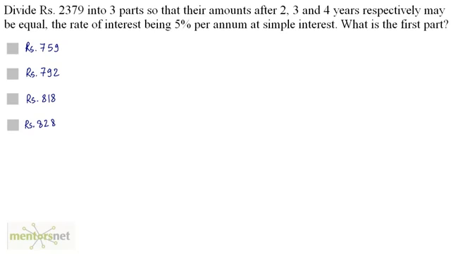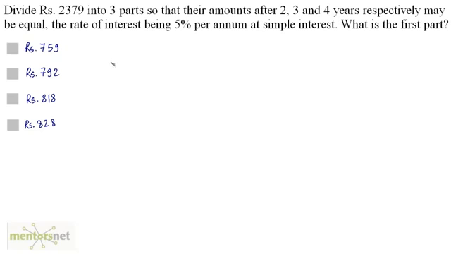Divide rupees 2379 into 3 parts so that their amounts after 2, 3 and 4 years respectively may be equal, the rate of interest being 5% per annum at simple interest. What is the first part? Now 2379 is divided into 3 parts.